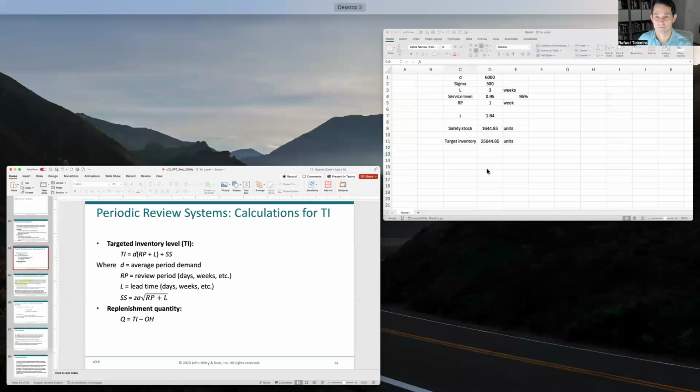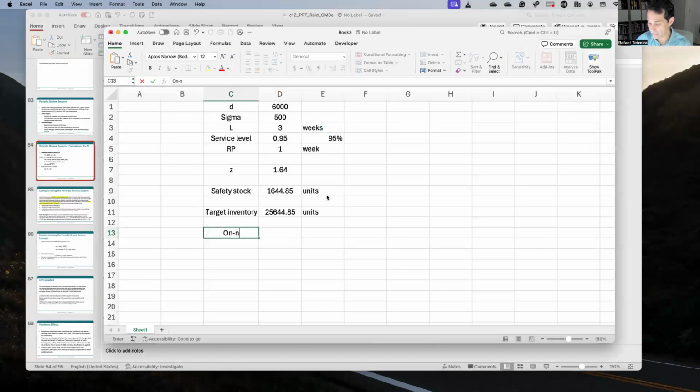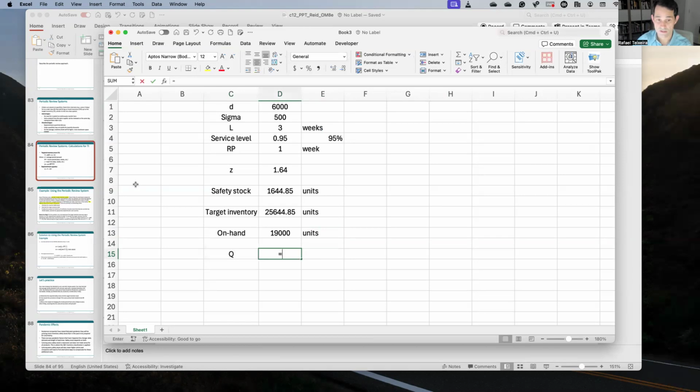So my on hand is 19,000 units. So the Q, the quantity to order, is the difference, and it has to be the higher number first, which is the target inventory, minus what she has on hand. Because she needs 25,000 and she has 19,000, the difference is how much she has to order, which is 6,644 approximately.